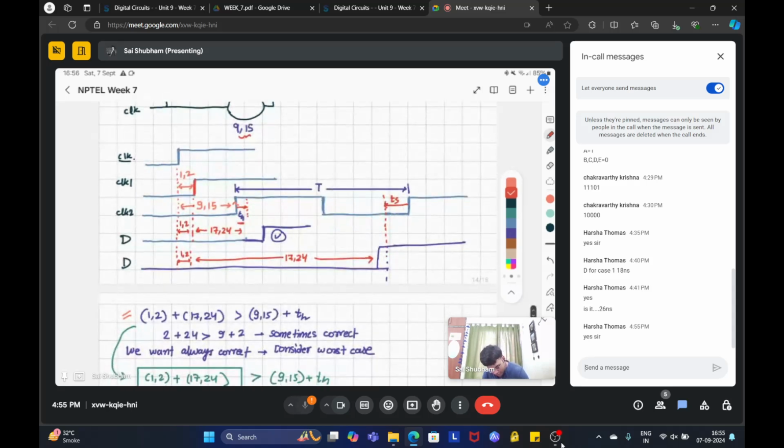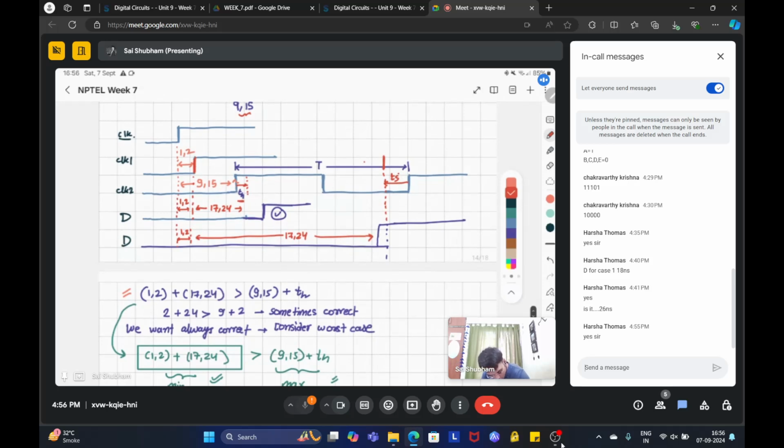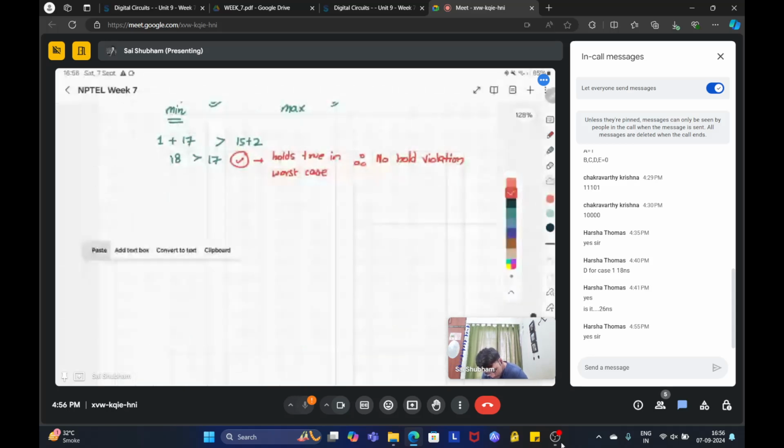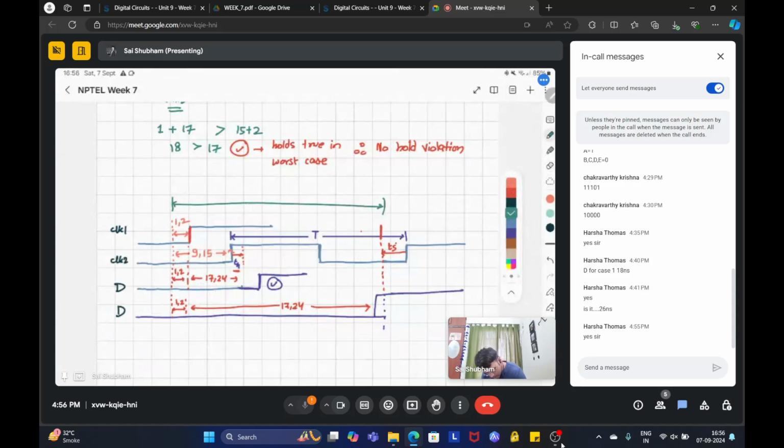If you look closely, we have to subtract the setup time. What is this distance?